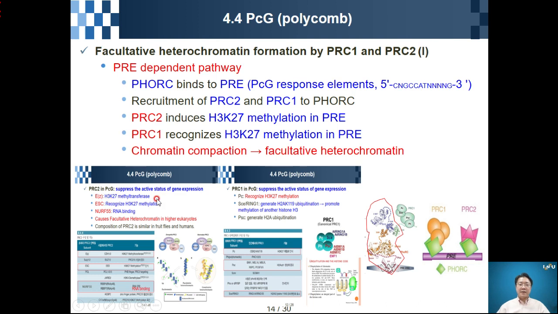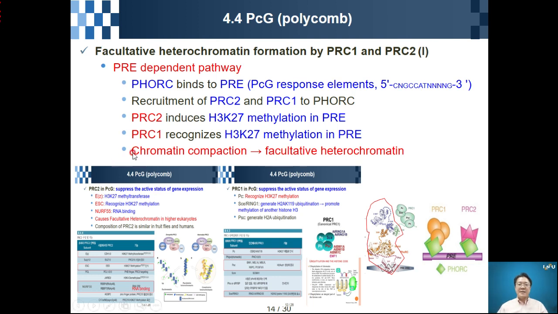H3K27 means histone 3, which is composed of several amino acids. At the 27th location there is K, which means lysine, and this lysine can be methylated.